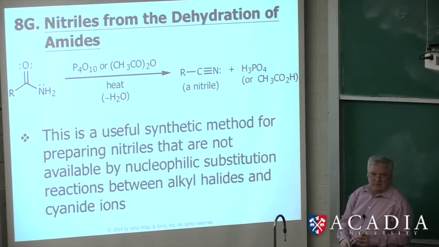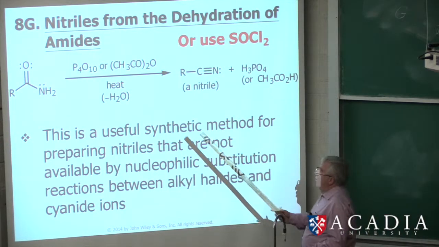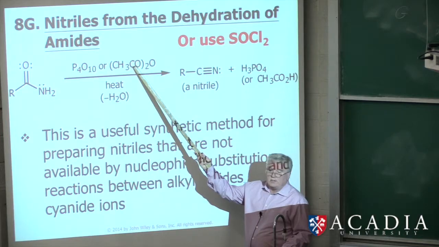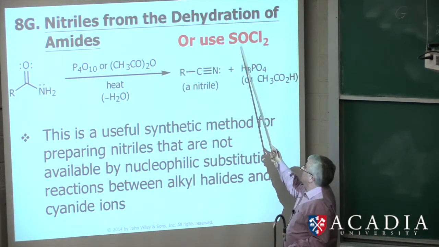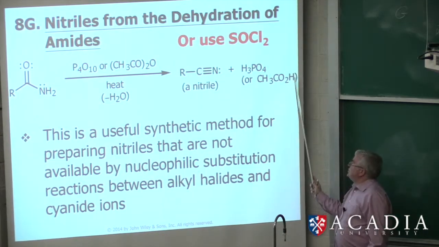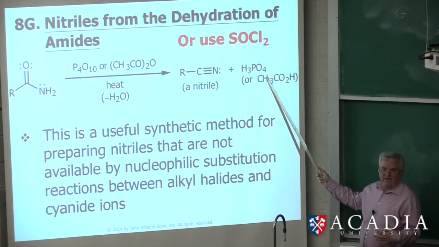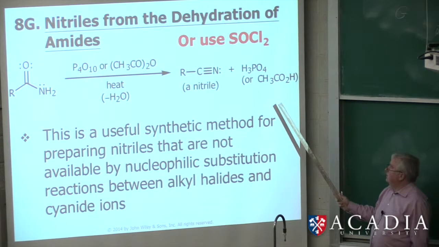We usually need pretty strong reagents to do this, things like P4O10, or acetic anhydride will do it as well. We have to add some heat to these reactions. We can also use thionyl chloride, and look what we get. We get our nitrile, and we get the formation of acid. Quite often we put things in to sop those acids up, but we don't have to.